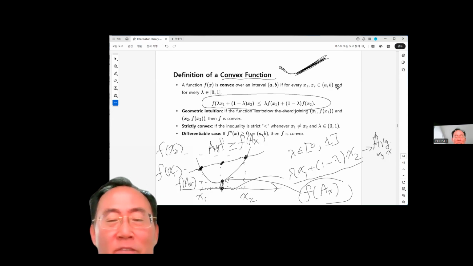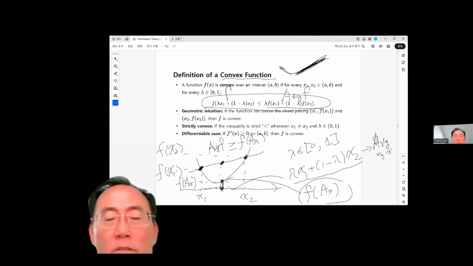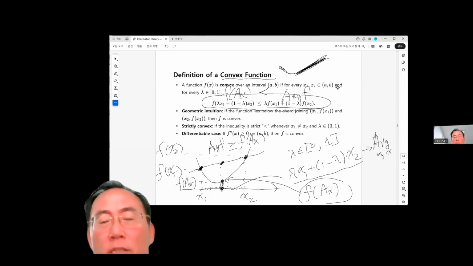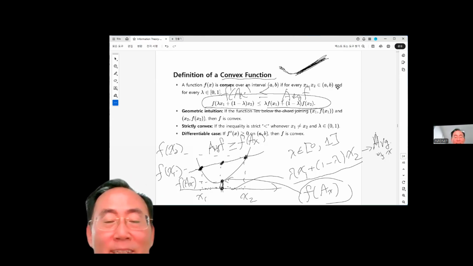So that is the definition of a convex function. And basically, function of average is less than or equal to average of function. Average of function of average. The inequality goes this way. All right, that's it. And then there is a strict convex case. Function is always, there is no linear part in it, right? Always going like that.